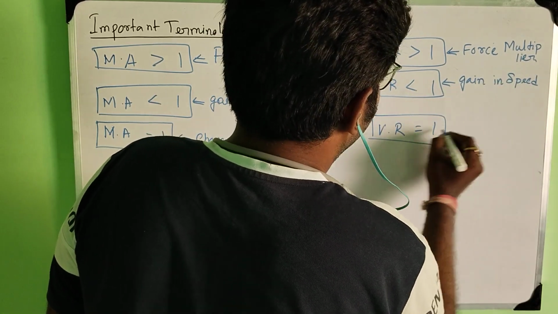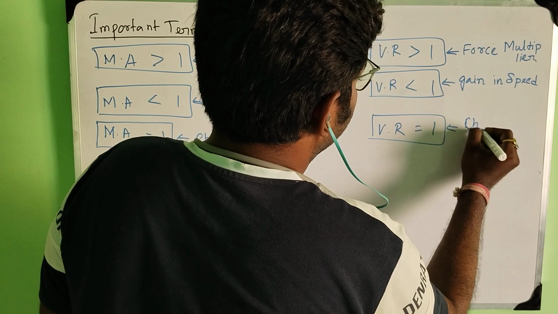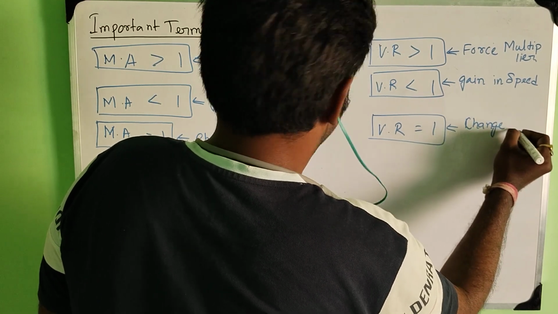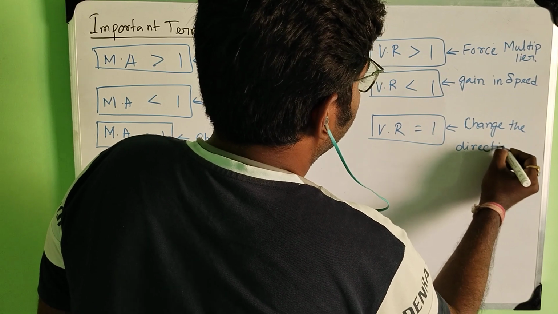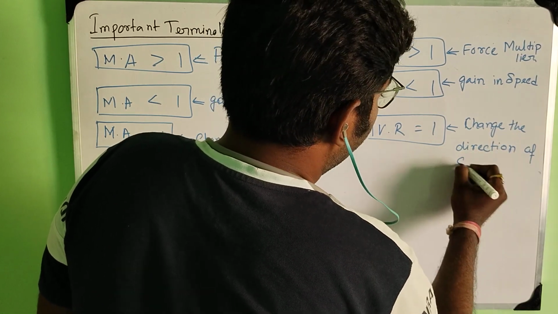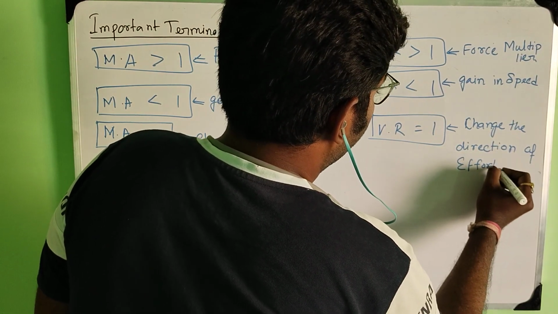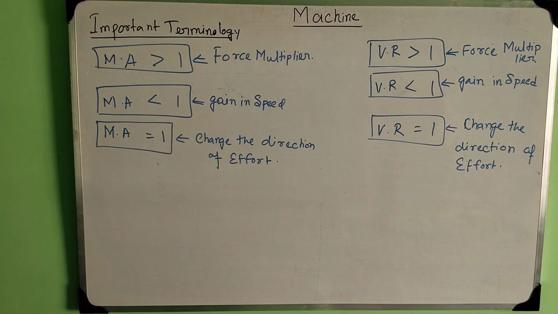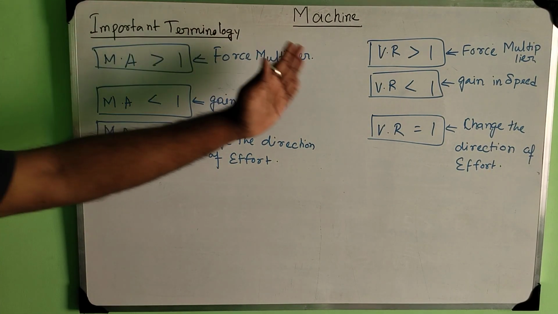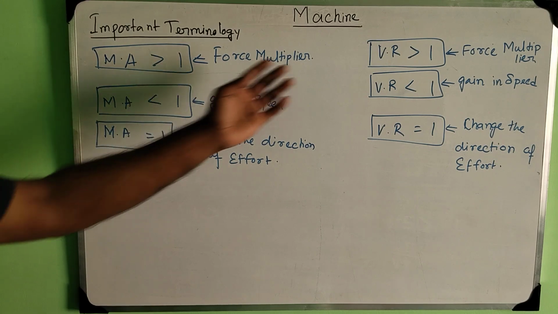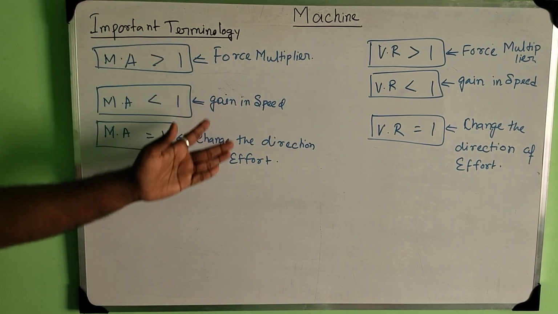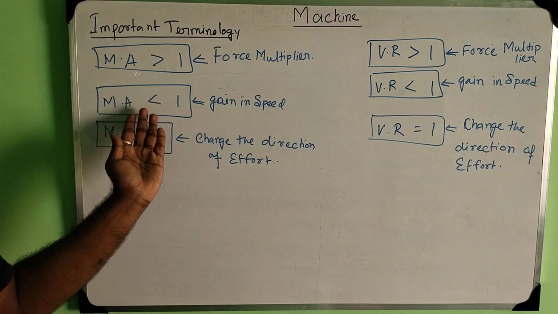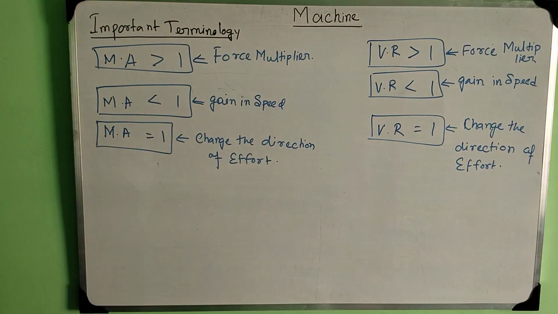If velocity ratio is equal to 1, this also helps in changing the direction of effort. So this is the mechanical advantage and this is the velocity ratio. This is the synopsis of mechanical advantage and velocity ratio.